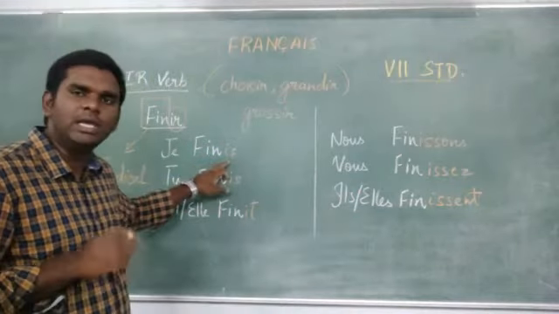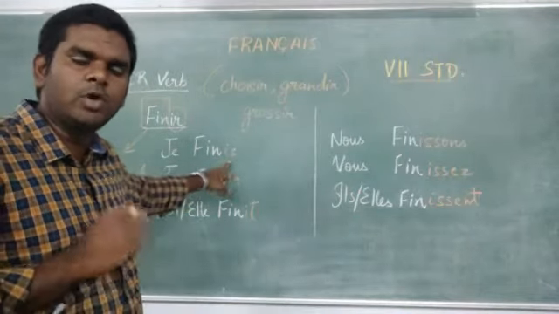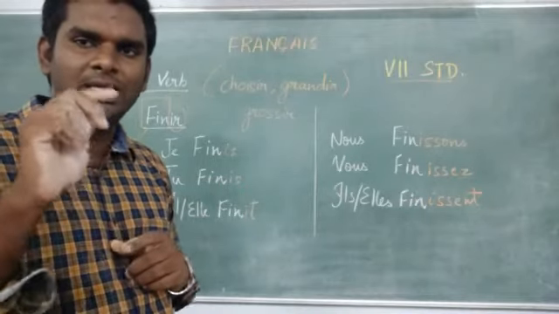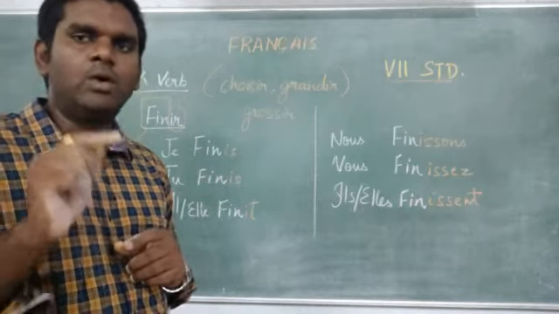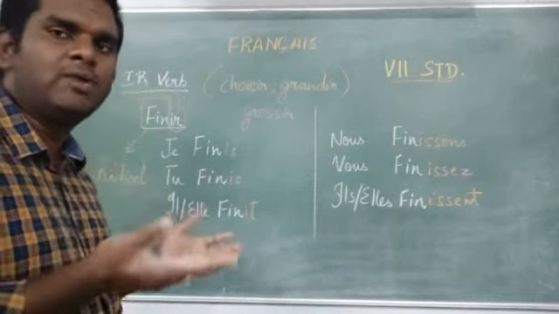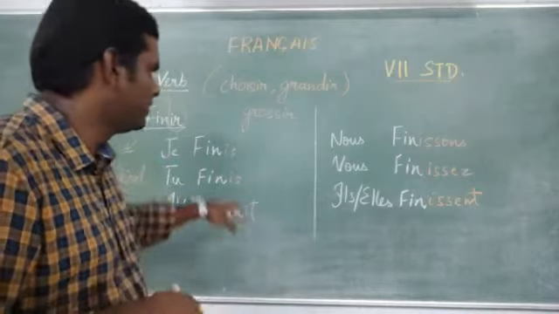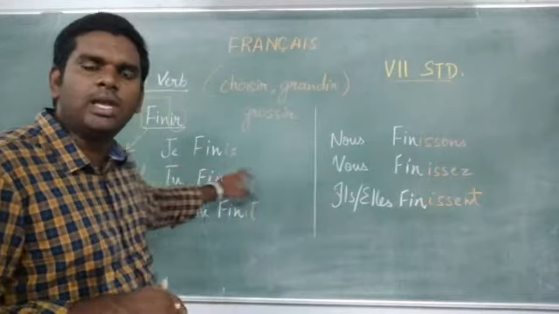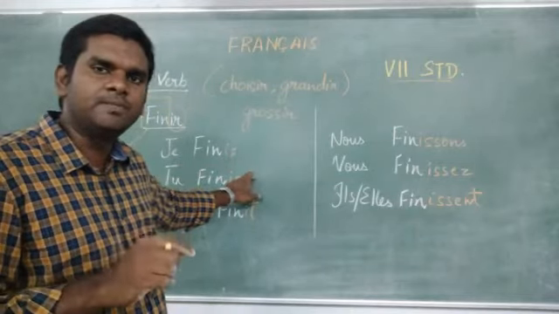Normally in ER, in case of je, you will add E, ES, E, ONS, EZ, ENT, right? The same way in IR verbs the endings will change. In case of je, the ending will become IS.